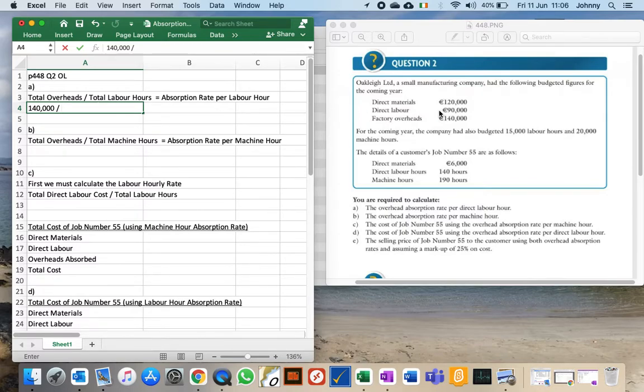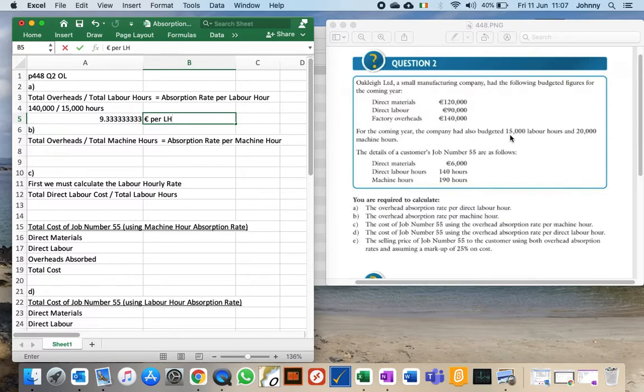Down here they have a budget of 15,000 labor hours. So that's 9.33, and make sure that we label this properly: euros per labor hour.